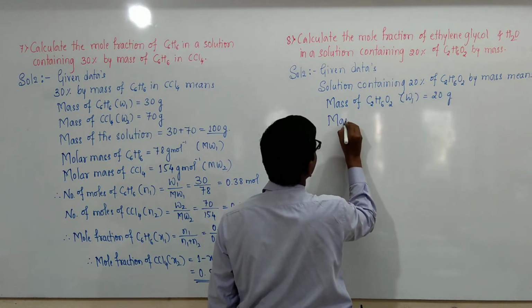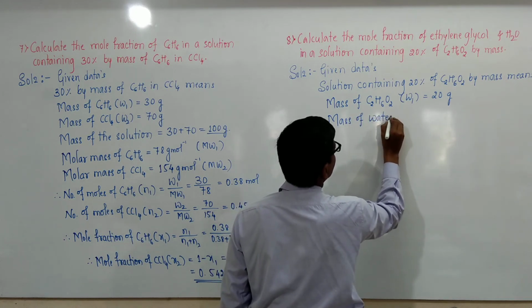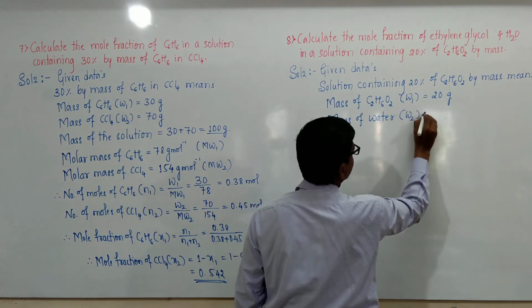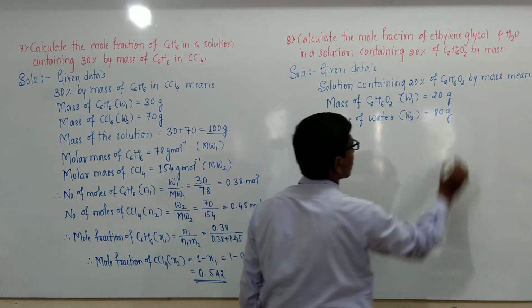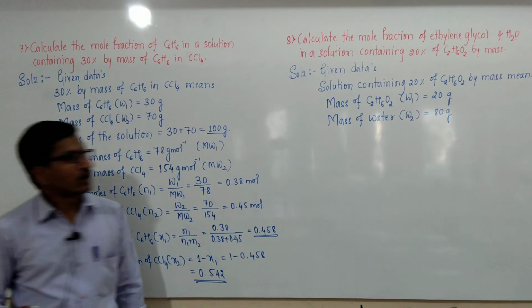Then mass of water, that is W2, is equal to 80 gram. These are the given data.